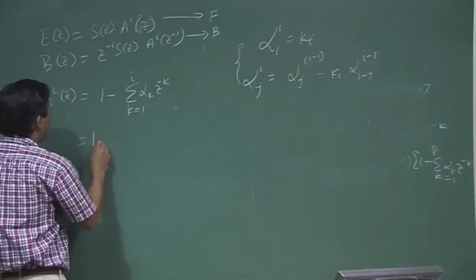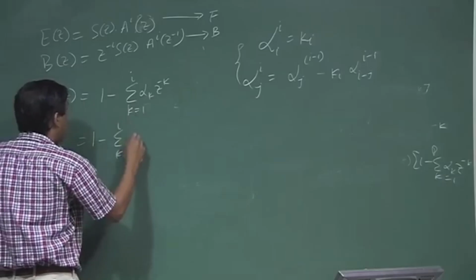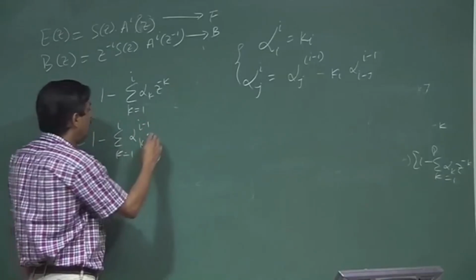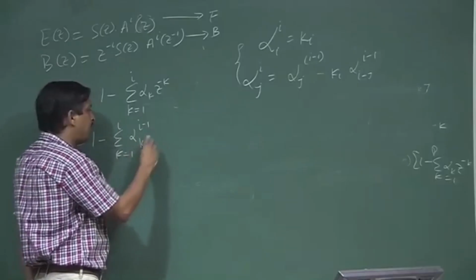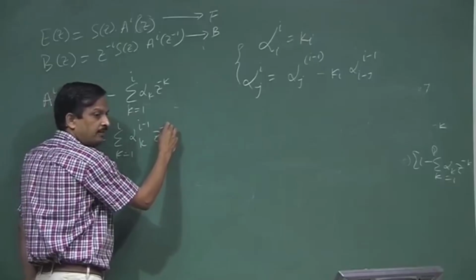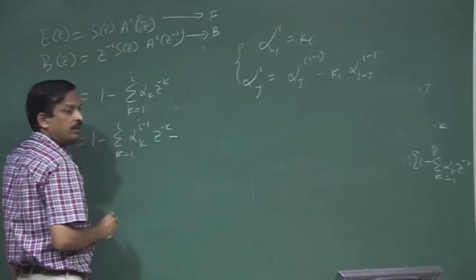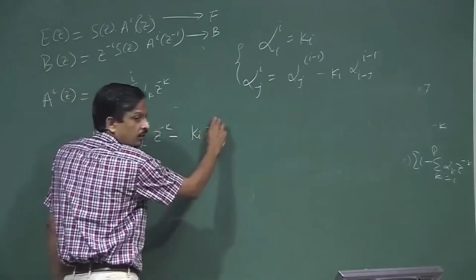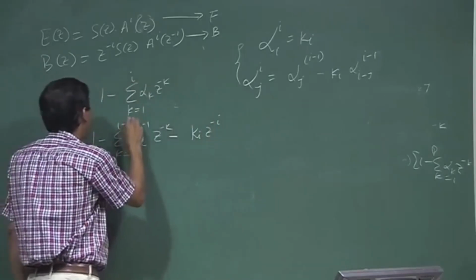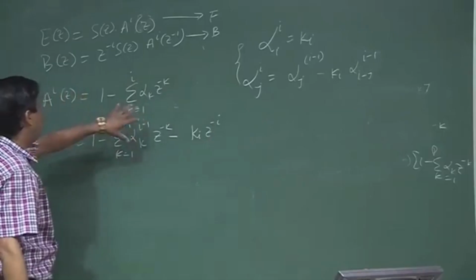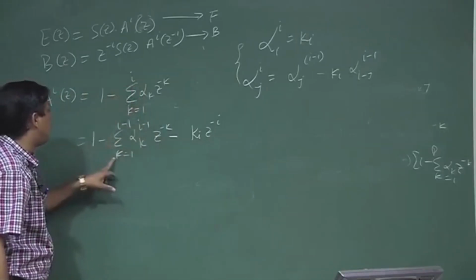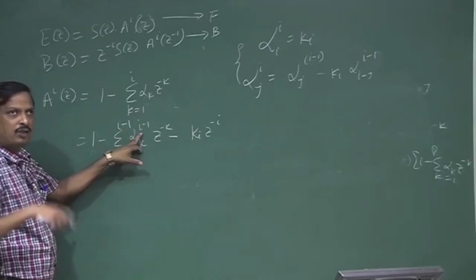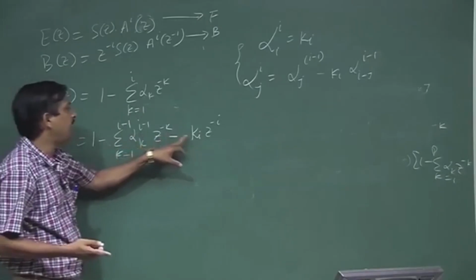I can write this as 1 minus the sum over k equal to 1 to i minus 1 of alpha k of the previous iteration i minus 1, z to the power minus k, minus K_i times z to the power minus i.